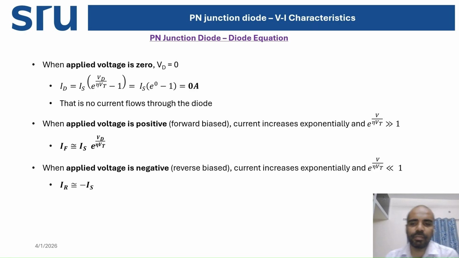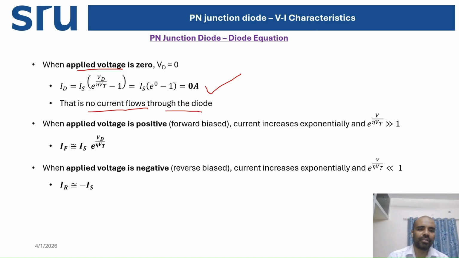So what are the properties of this equation? When no voltage is applied, or the applied voltage is 0, then you will get no current, right? So no current flows through the diode. When V_D equals 0, e to the power 0 equals 1, so you will get no current.